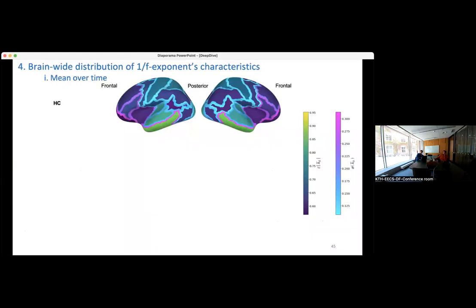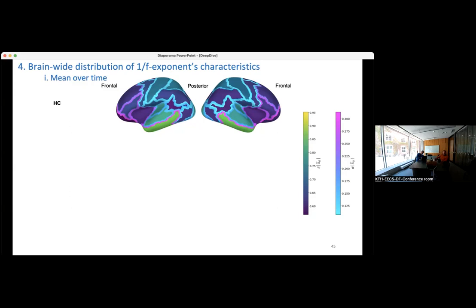Okay, so what we end up with is something like this for healthy control. Inside the brain region is the mean value of lambda, and on the border is the standard deviation of it over the different patients.